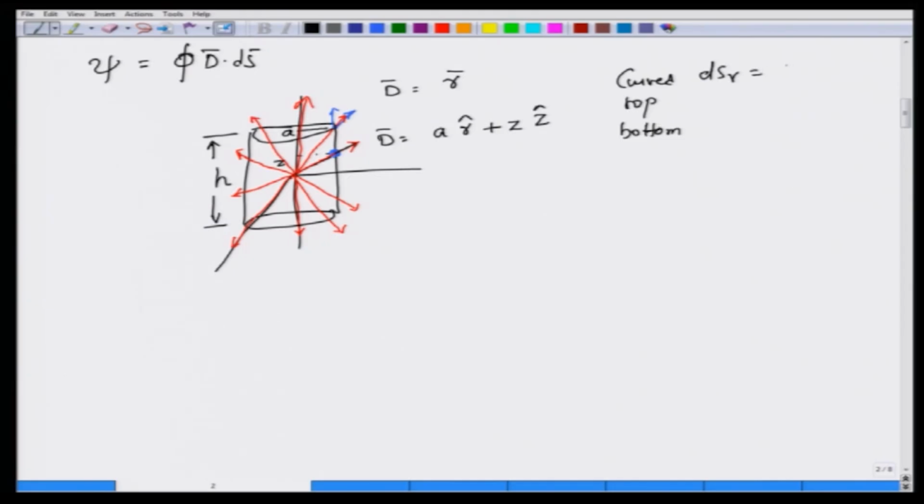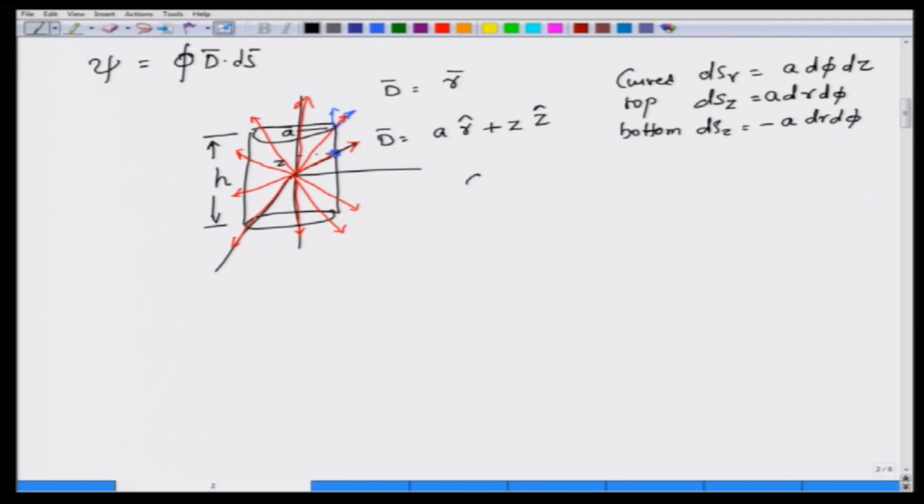So, dS r is equal to a d phi dz, because r is equal to a, the radius. On the top surface, the surface element is directed along the z axis, that will be given by r dr d phi. At the bottom surface, the surface element would be directed along minus z direction, and that is given by minus r dr d phi, with appropriate integration limits that you need to consider.